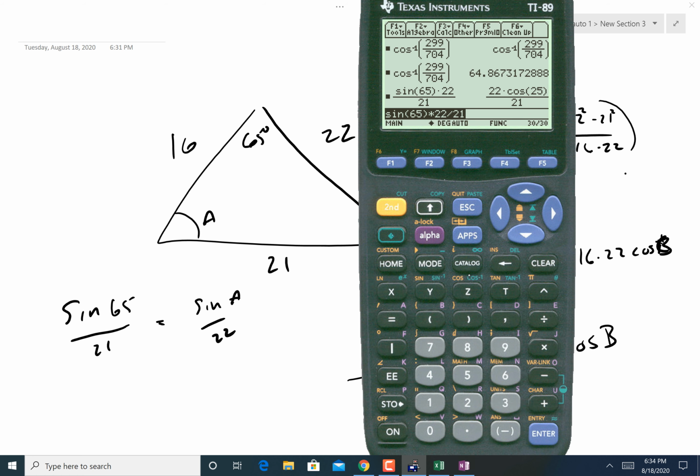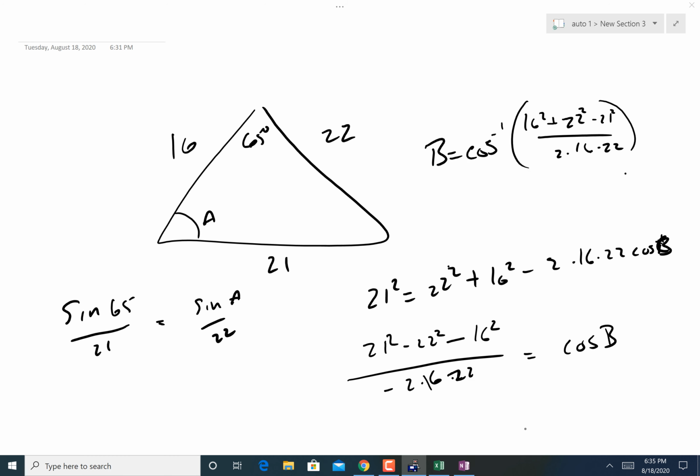And inverse cosine of that, oh no, sorry, inverse sine. Try again. Inverse sine of that. There you go, 71 degrees. 72 degrees. Do I buy that? I totally buy that.